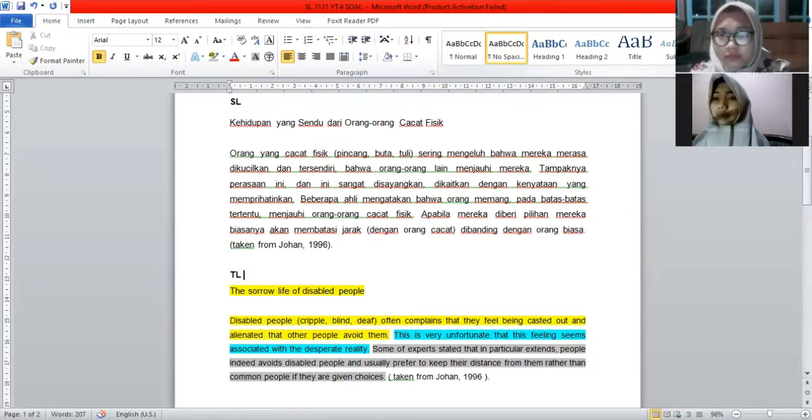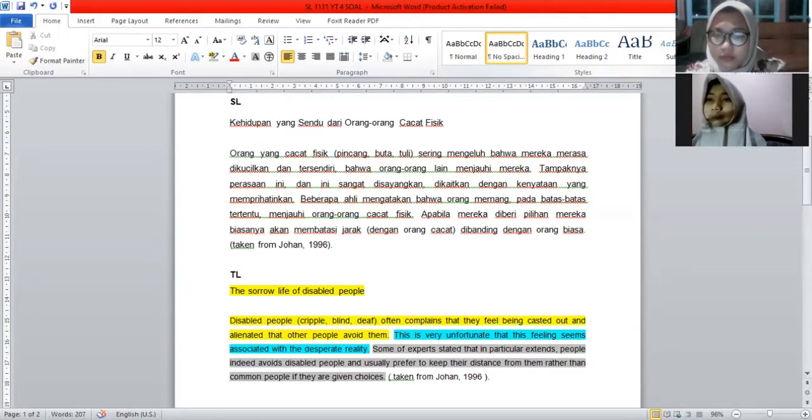After we translate this, "some of experts stated that in particular extents," we put "people indeed avoid disabled people," and we actually combine this with "orang-orang pada batas tertentu menjauhi orang-orang cacat fisik." We use "indeed avoid disabled people and usually prefer to keep their distance from them rather than common people if they are given choice."